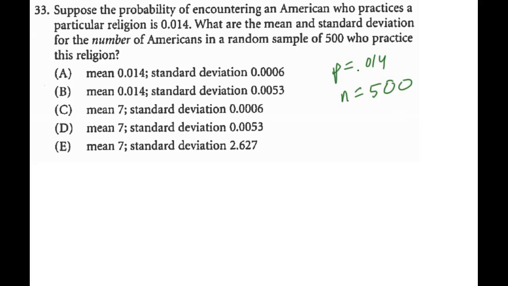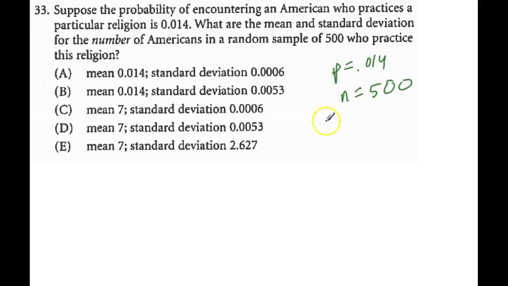At first I was tempted to say this is maybe a sample means problem, but sample means have to be quantitative variables, and you can see that this is, do you practice a particular religion? That's not a quantitative variable. It's kind of a yes-no question.